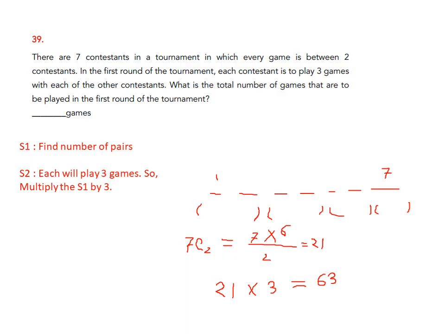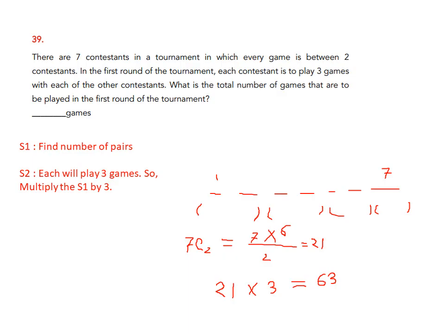So each player is to play 3 games with each of the other contestants. Suppose 1 and 2 is a pair and they will play 3 times. We can think in this way. So we get 7C2 equal to 21. So 21 multiplied by 3 equals 63.